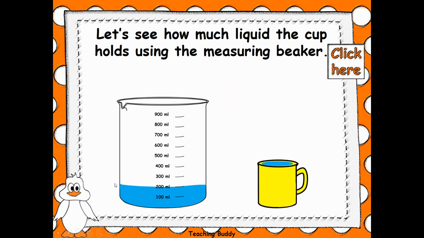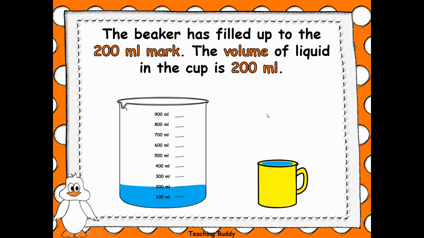If I look here, I notice that the liquid is kind of curving. When we're looking at liquid in a measuring cup or a cylinder, we look at where it curves and we find that closest tick mark. So here I can see that there is 200 milliliters of water in the beaker.